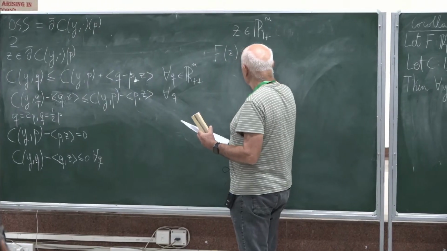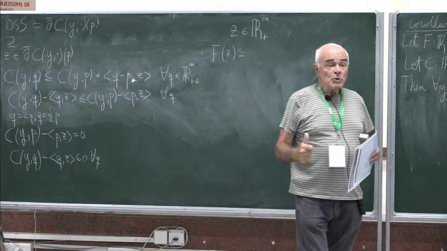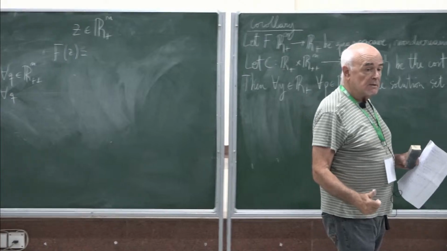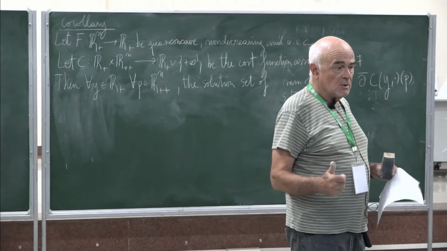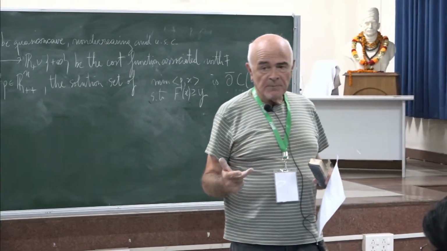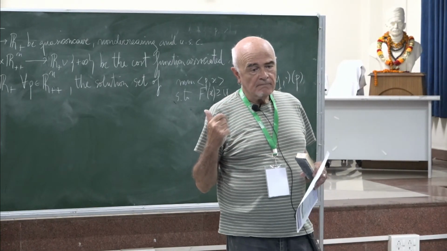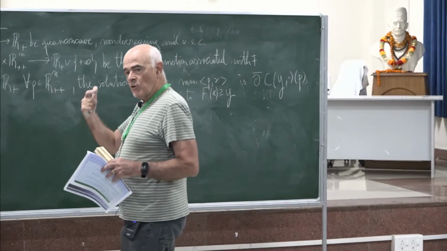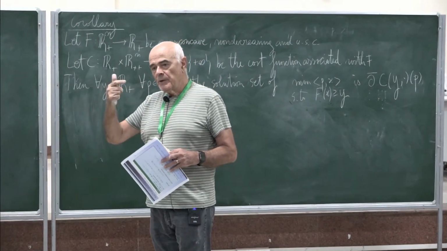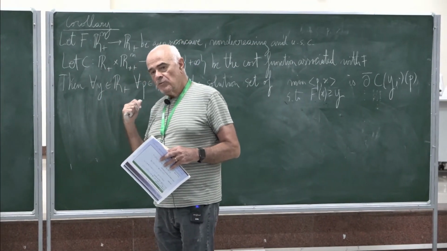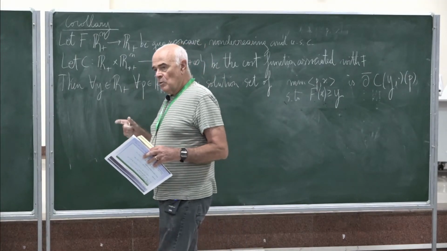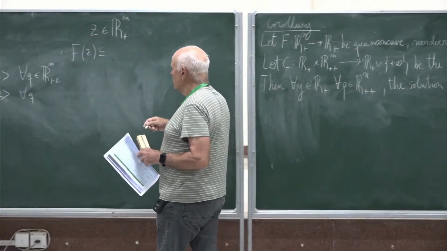Now I am using that f is regular, quasi-concave, non-decreasing, and upper semi-continuous. So f satisfies that formula, the formula that allows us to recover the production function from the cost function when the production function is regular.